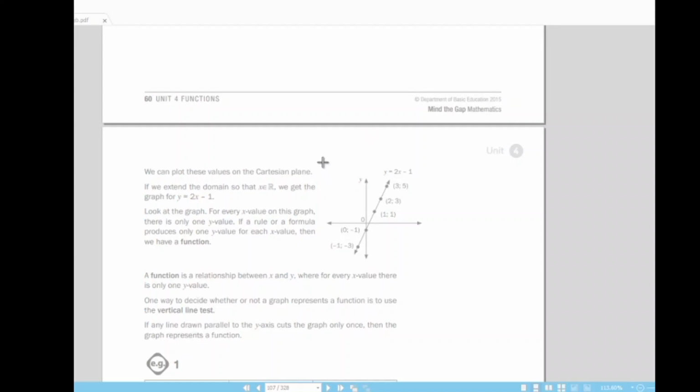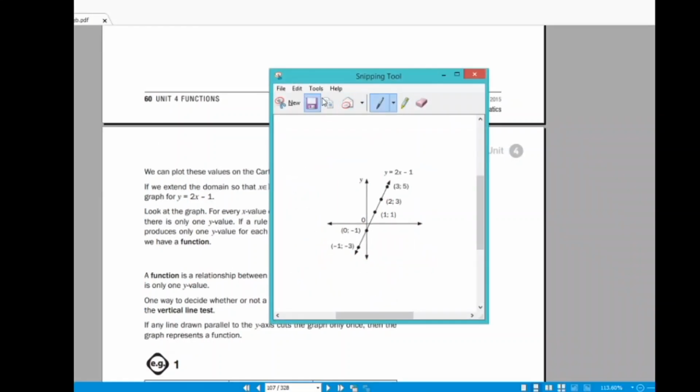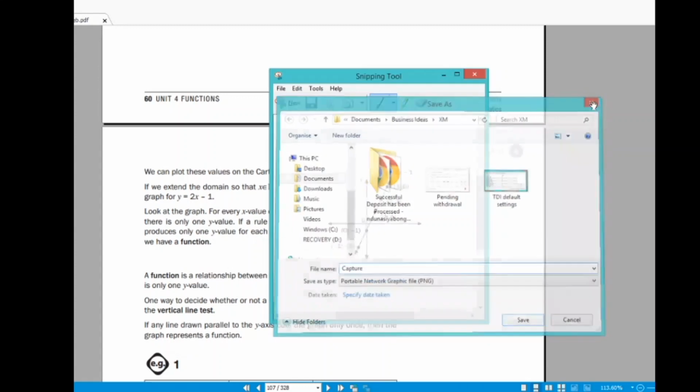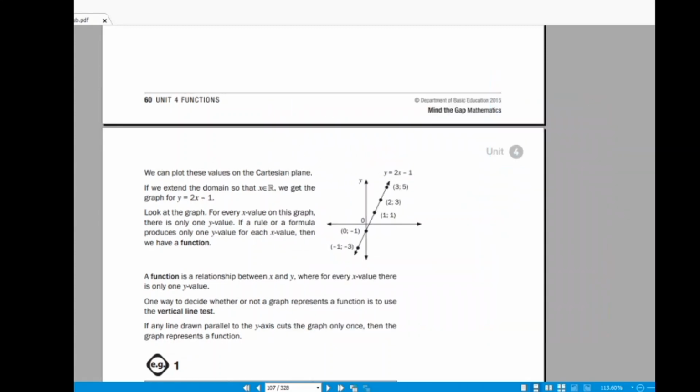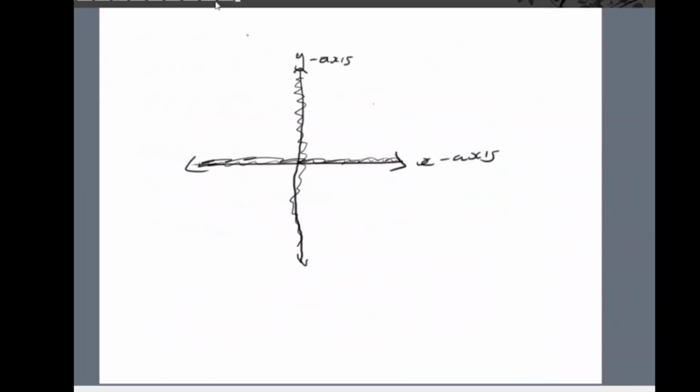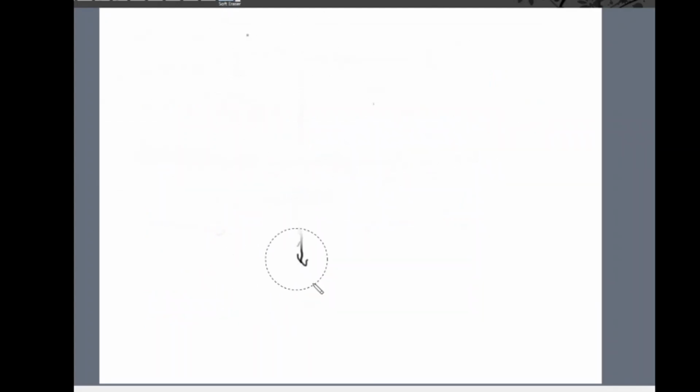Let me try to show you what that means. For every x value there only has to be one y value.